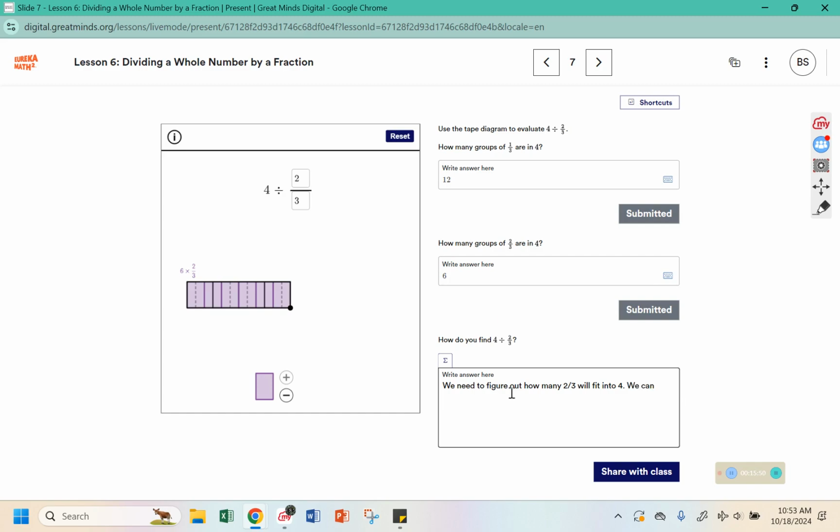We can split the holes into 3 sections because it is broken in thirds. Then we will shade in or select 2 parts, or 2/3, to represent 2/3.